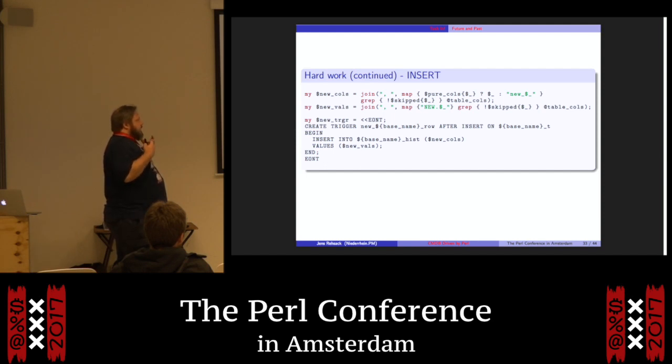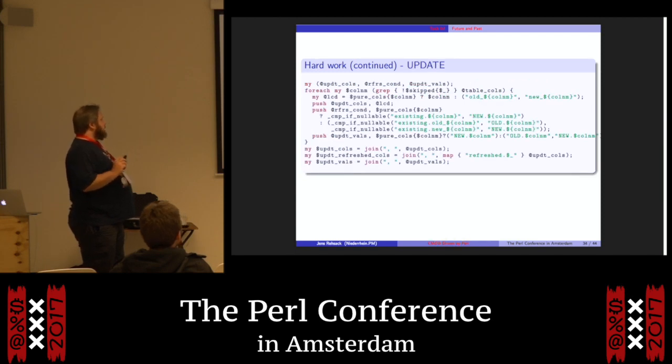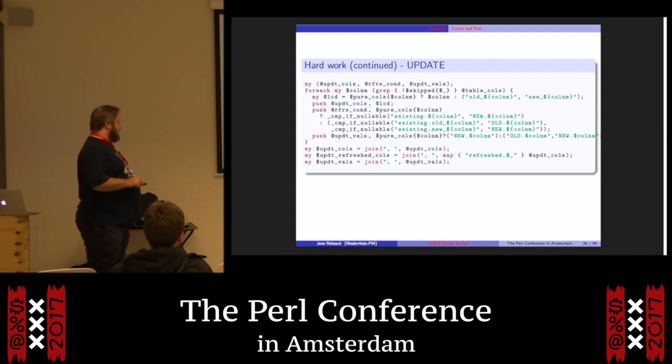And when anyone inserts data into a configuration table, create an insert trigger, which copies all the newly inserted data into the new prefixed columns of the history table. Same thing for update, but it's a little bit more complicated.